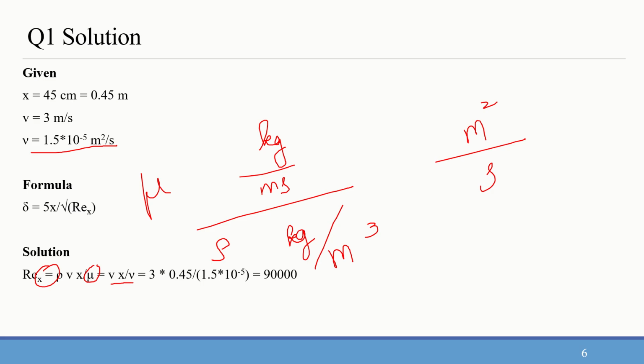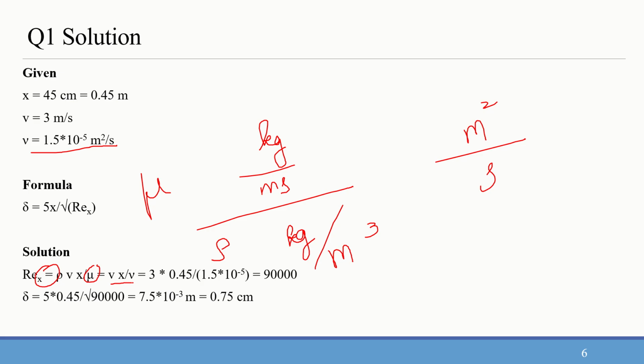So what we need to see now is delta. So delta is again 5x by root of Rex. So 5 into 0.45 divided by square root of 90,000. So Reynolds number is 90,000.